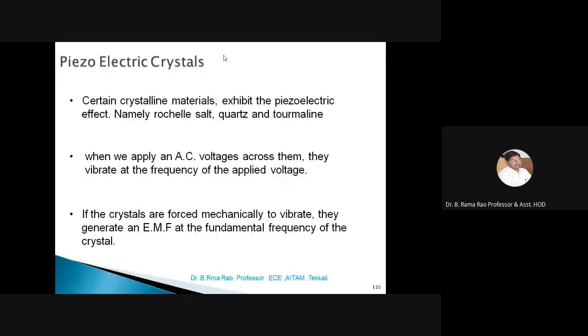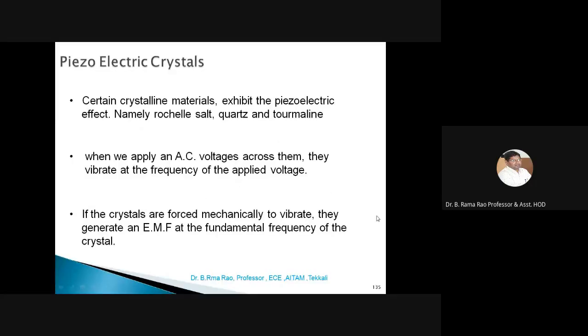If we apply an AC voltage across the slice of the crystal, it may vibrate at the frequency of the applied voltage. What is the applied voltage frequency?